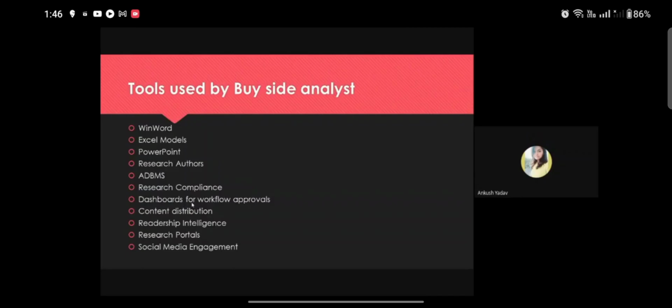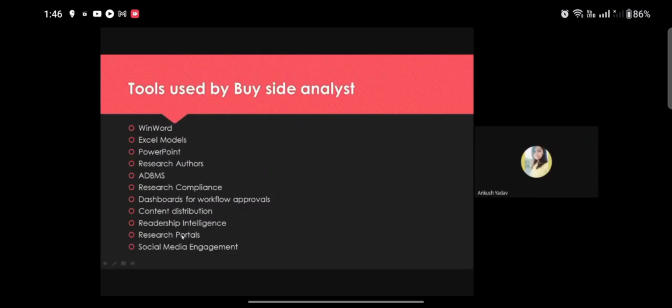Readership intelligence is included to manage the count of reports. If one person opens my report from the portal, the readership count will increase. If one client opens my report from the email, the readership count will increase. So this is called readership intelligence.